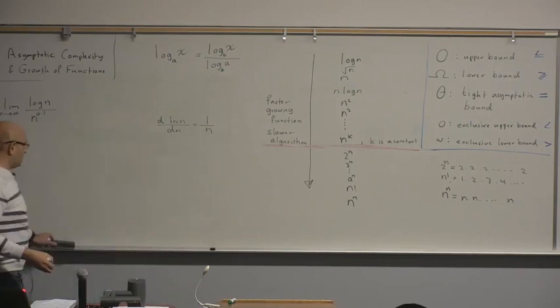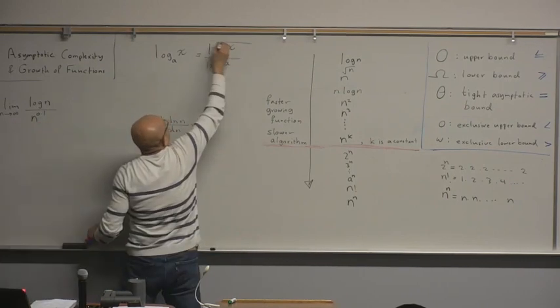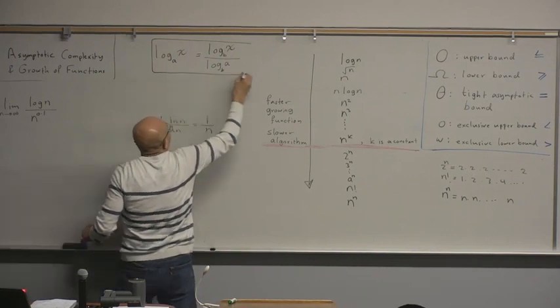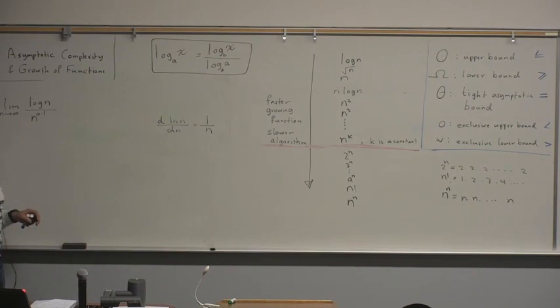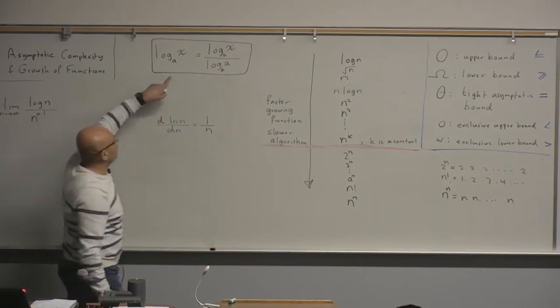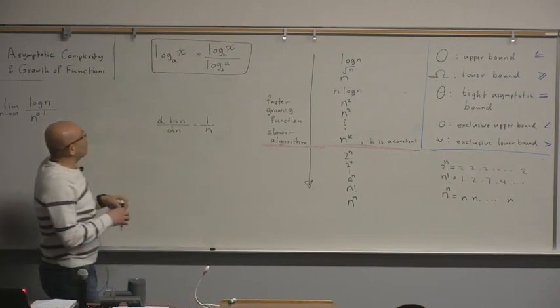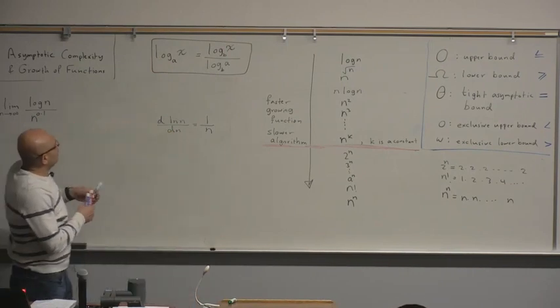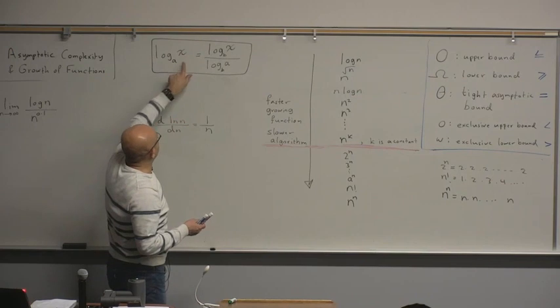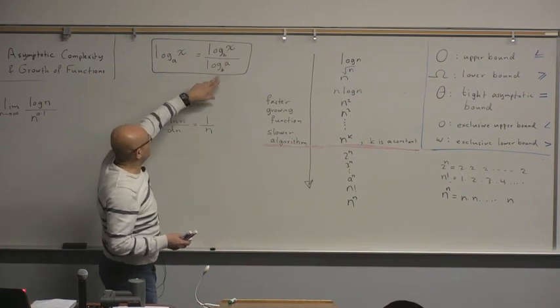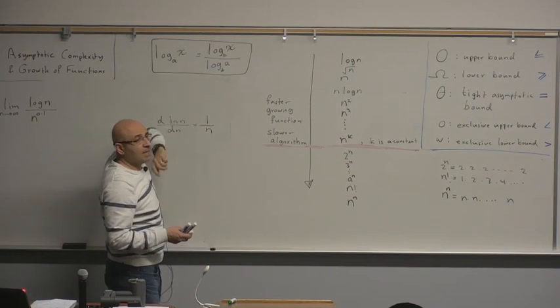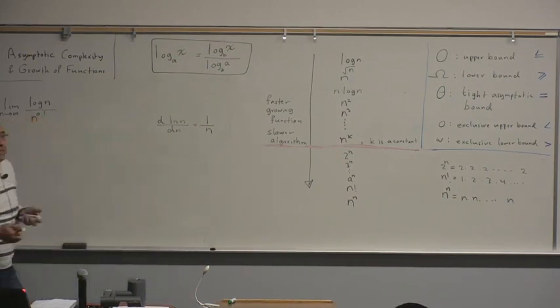Now, why is this useful here? Because in fact, this can be used to convert from one base to another, right? So this is log x base a. You converted it to log x base b, and here you divided by log a base b. Now, what can we say about log a base b?